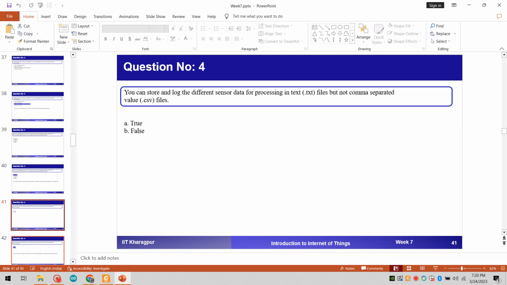Next question is, you can store and log different sensor data for processing in text files but not comma separated value files. Options are true, false. So the question is, you can only store and log different sensor data into your text file, not in a CSV file.